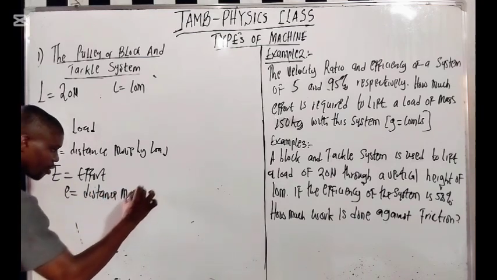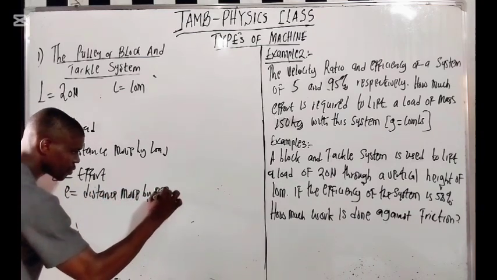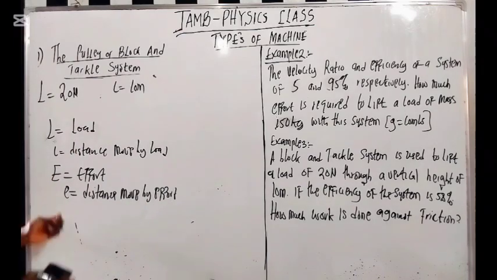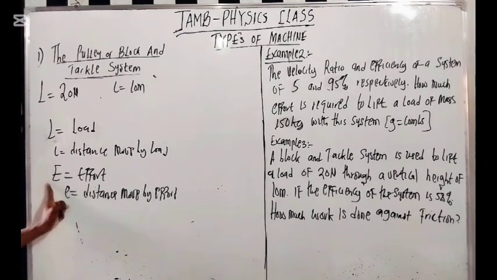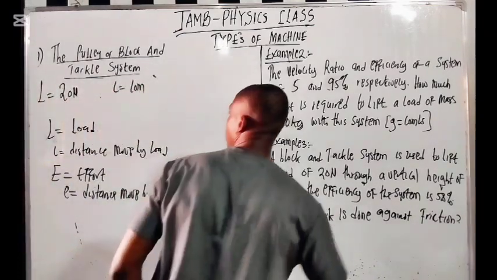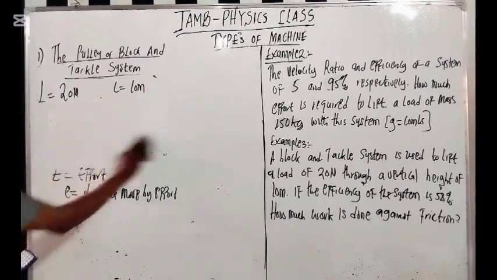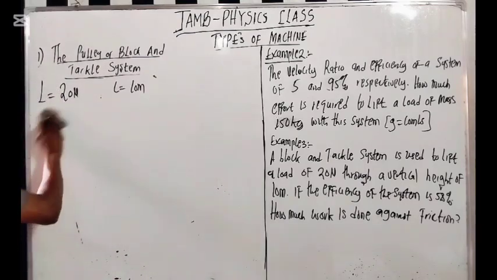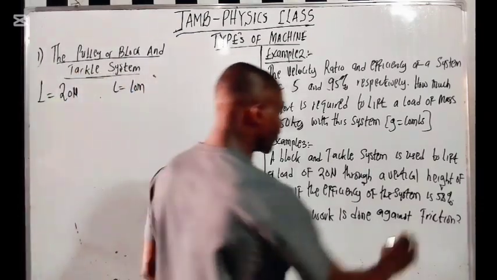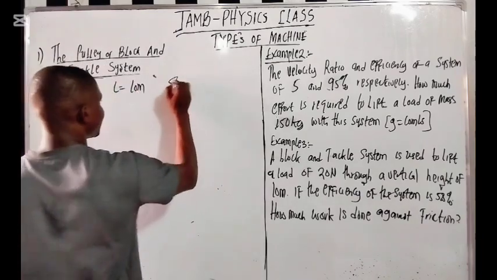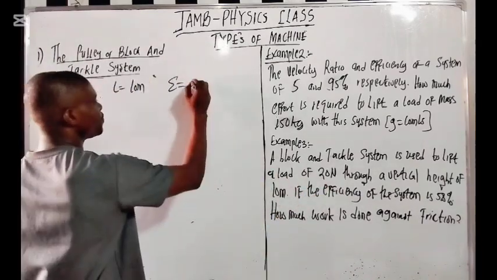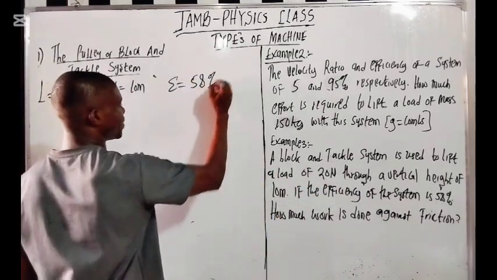But they don't say anything about the effort and distance moved by effort, so we have to ignore this one here. This one is none of our business here. So we ignore it. Now they give us efficiency, which here is 58 percent.